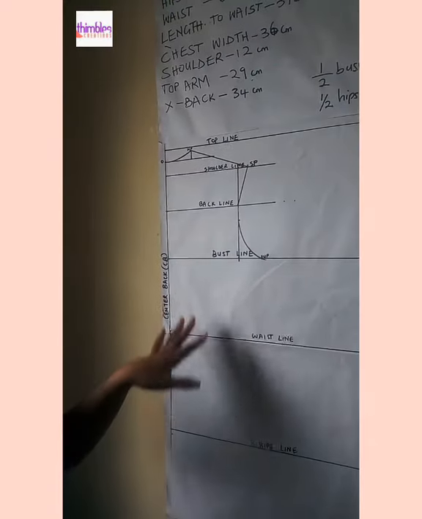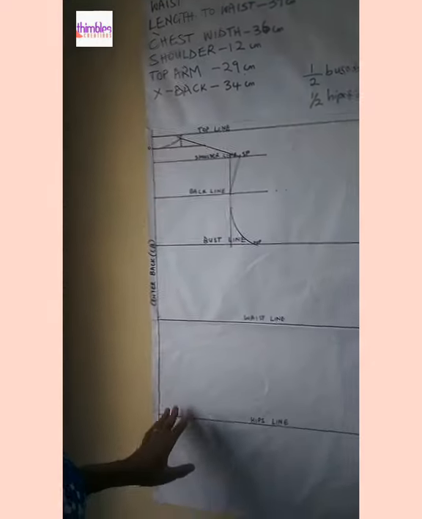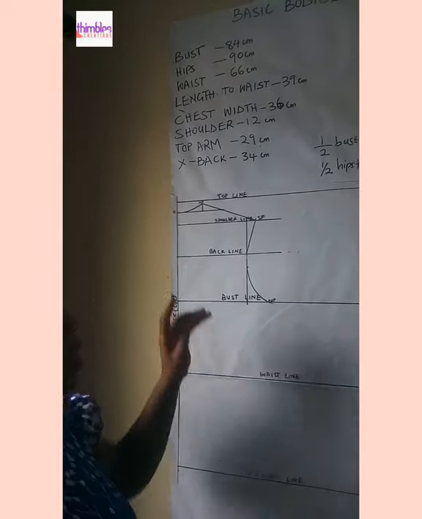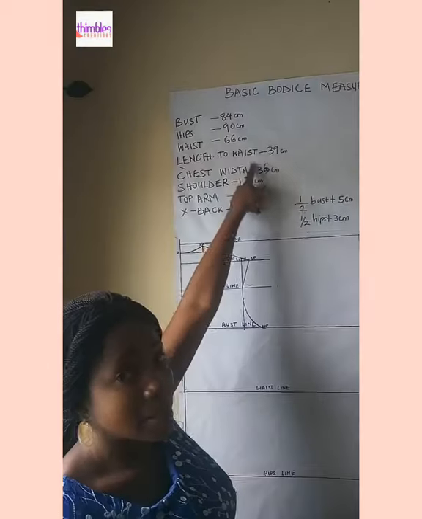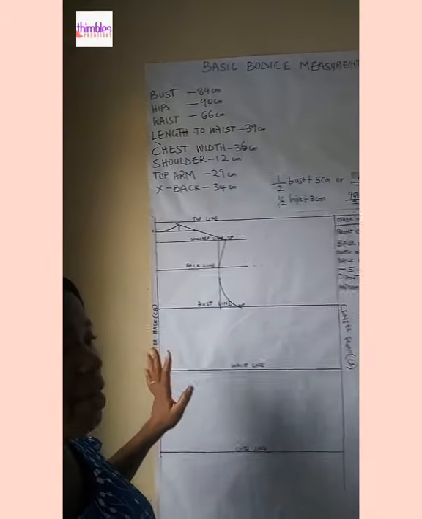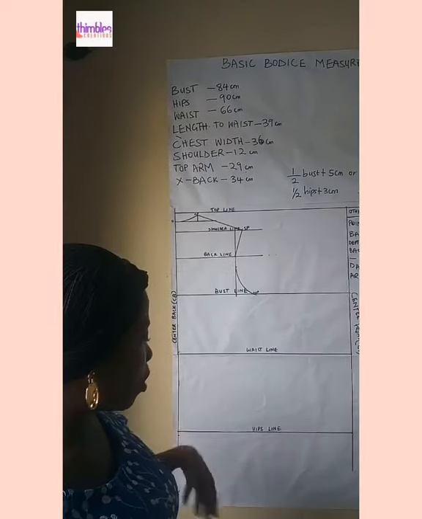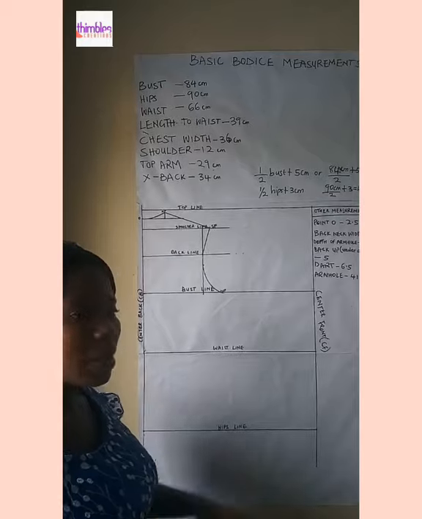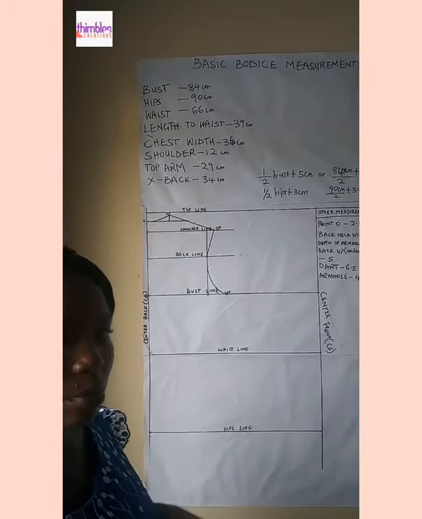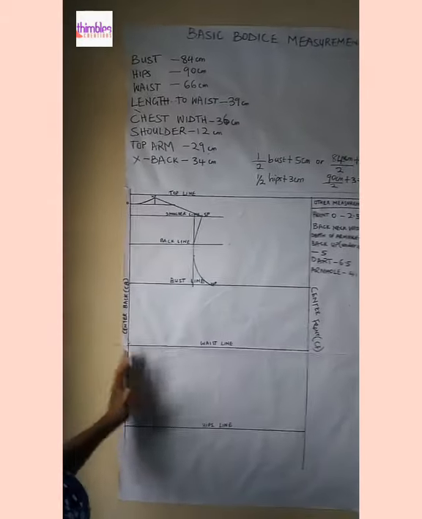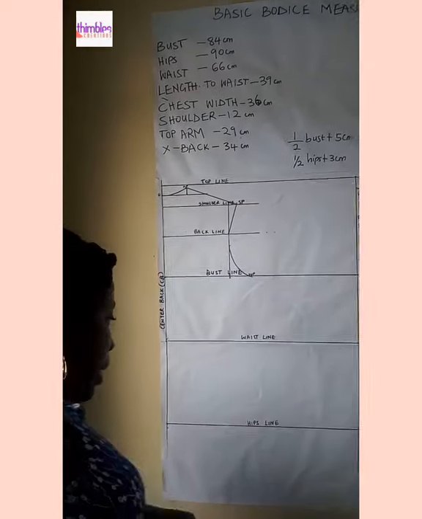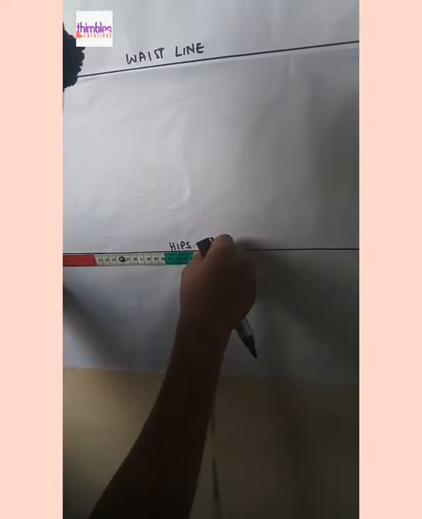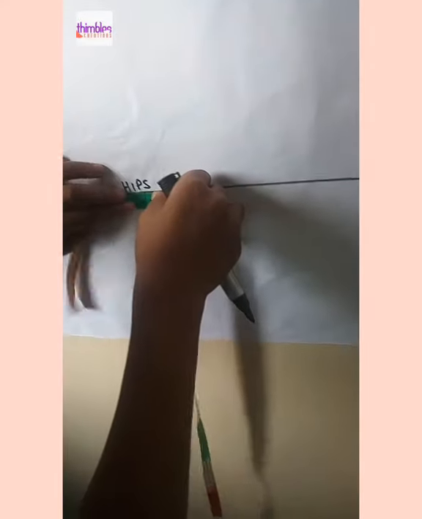After that, on the hip line, I'm going to take the hip measurement divided by 4. What is our hip measurement? Our hip measurement is 90 centimeters. So I'll divide my 90 centimeters by 4. 90 divided by 4 is 22 and a half, that is 22.5, whichever one you want to call it.